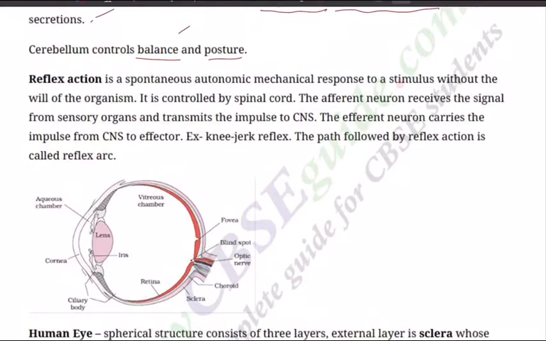Now, every day we also experience sudden involuntary actions as a response towards a stimulus.